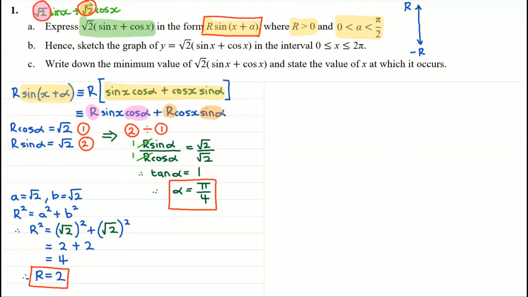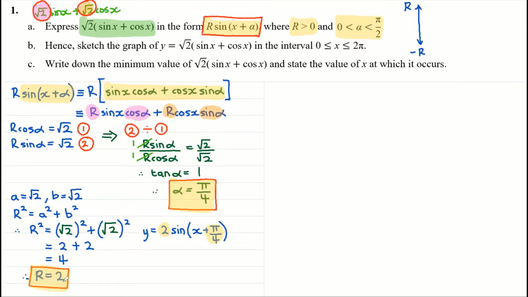So the form is going to be y is equal to 2, that's r, multiplied by the sine of x plus pi over 4. Great, and these are the two values that I've found. So there's the alpha inside the bracket, and there's the r that we've just used.